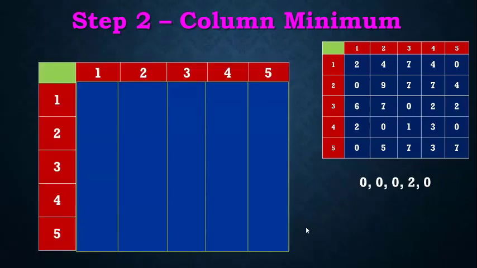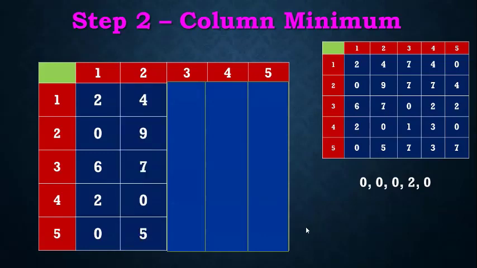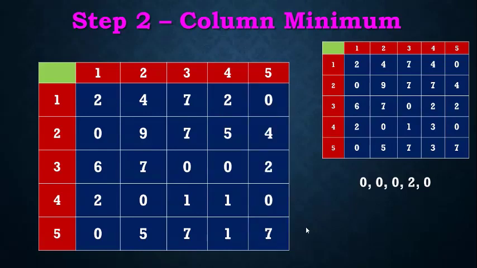Again we are going to subtract each column's minimum from its column. Since 0 will not affect the original values, we subtract 2 from the fourth column, and the last column is 0. So only the fourth column will be changed, and the other columns remain the same. So this is the second step.